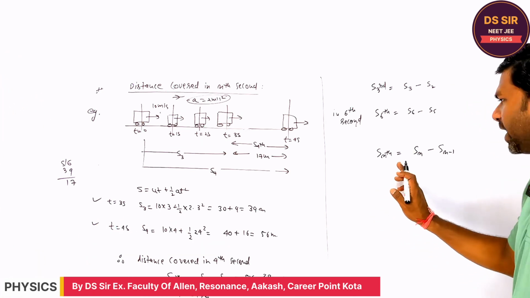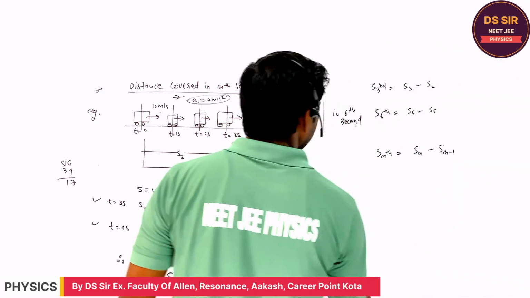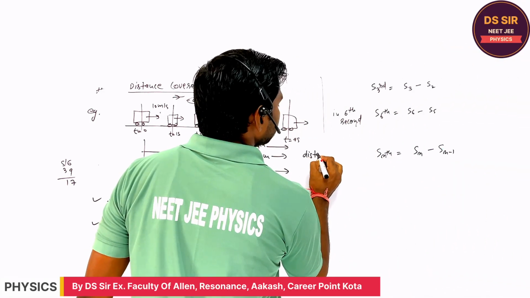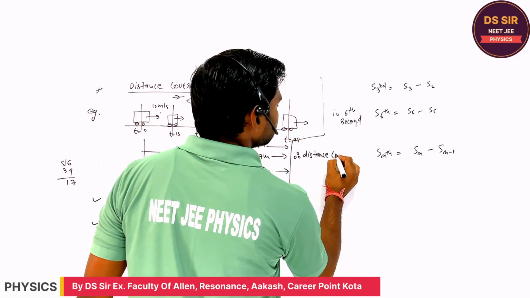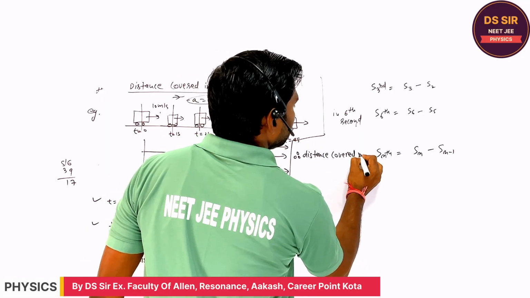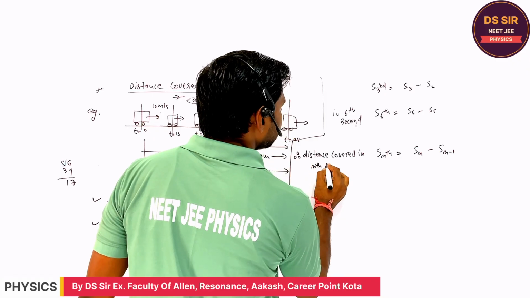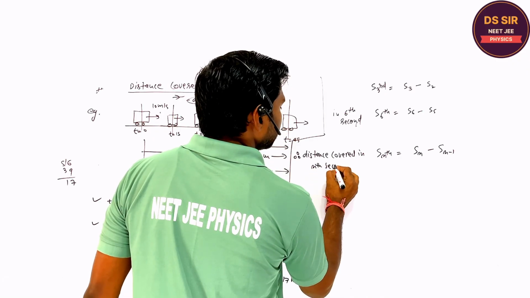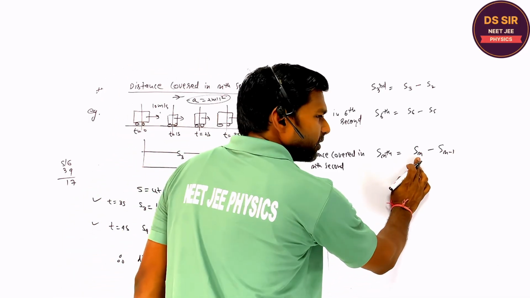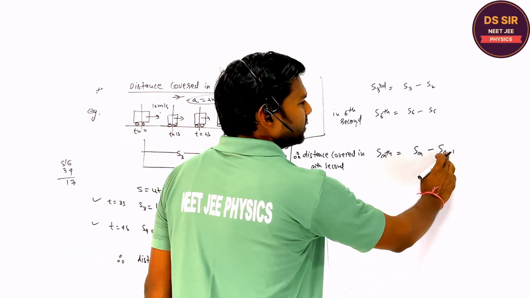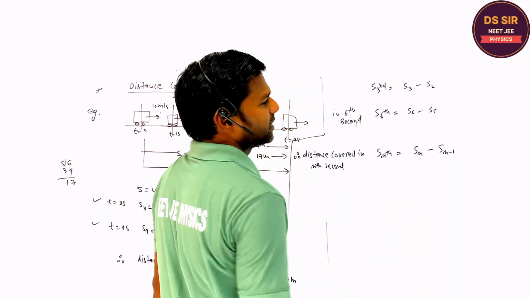In the same way, the S nth, distance covered in nth second, I am writing this distance. Therefore, you may write over here distance covered in nth second, right, is nothing but Sn minus Sn minus 1. This is the distance covered in n second. This is the distance covered in n minus 1 second.